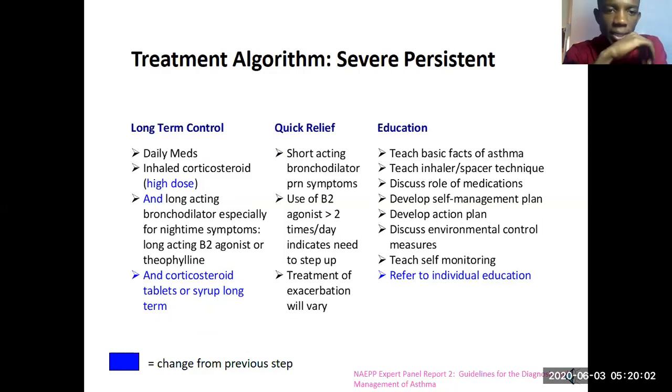Now, with severe persistent, long-term control means that the patient should have daily medication: inhaled corticosteroids at a high dose and long-acting bronchodilators, especially for nighttime symptoms.